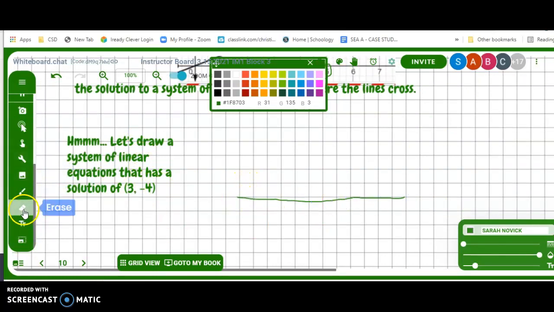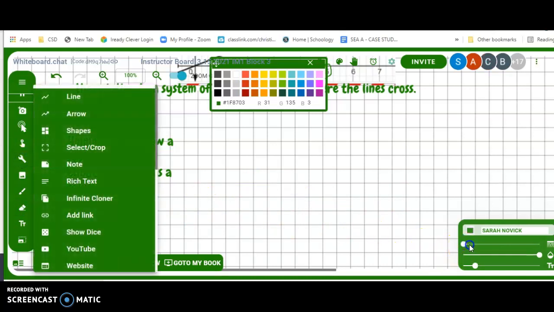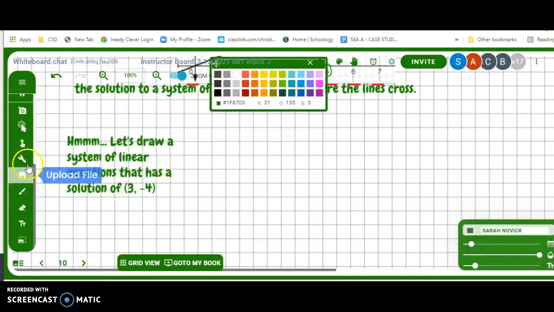So let's draw a really pretty axis. That one was not so pretty. Let's draw our axis, our x, and then this is our y. So the first thing we want to do, we label our axis. Okay, 3, -4. So on our x we count over 1, 2, 3, +3.